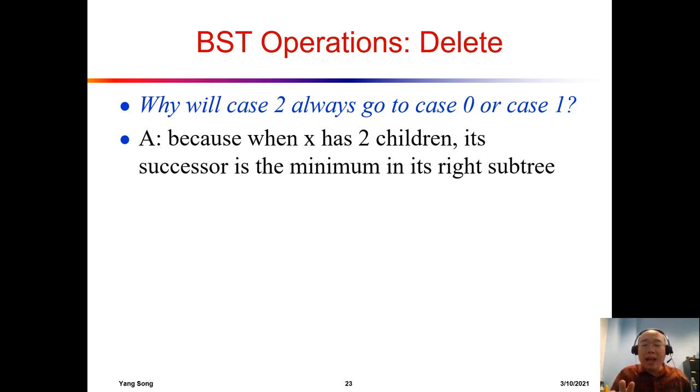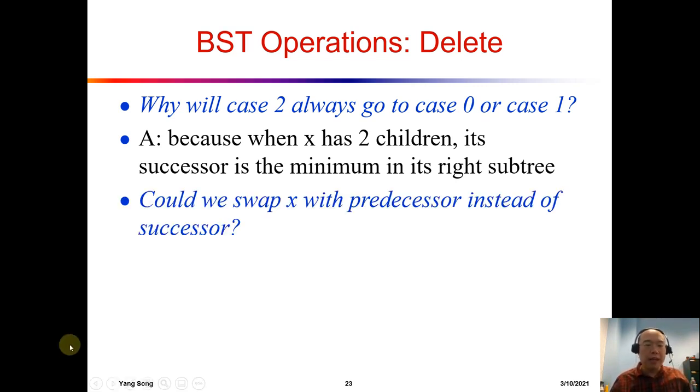It can have a right subtree, but it cannot have a left subtree. So this guarantees that after doing case 3 once, we will go to either case 0 or case 1.